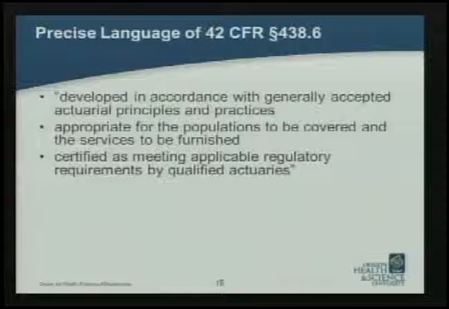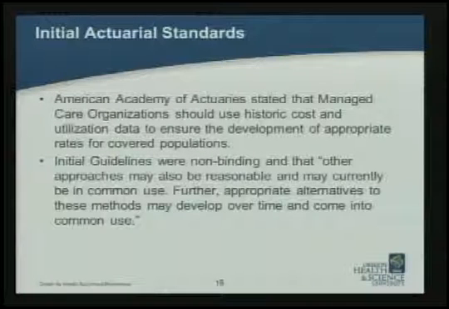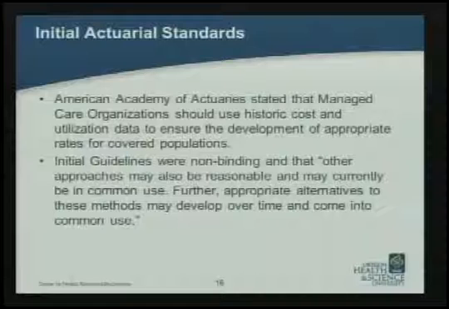And so the precise language of actuarial soundness in the Balanced Budget Act says that capitation rates must be developed in accordance with generally accepted actuarial principles and practices appropriate for the populations to be covered and the services furnished, and certified as meeting applicable regulatory requirements by qualified actuaries. I don't know about you, but when I read that, it doesn't really mean much to me, and it doesn't really seem to be saying much of anything. And in fact, that was sort of also the feeling of CMS when the Balanced Budget Act came out.